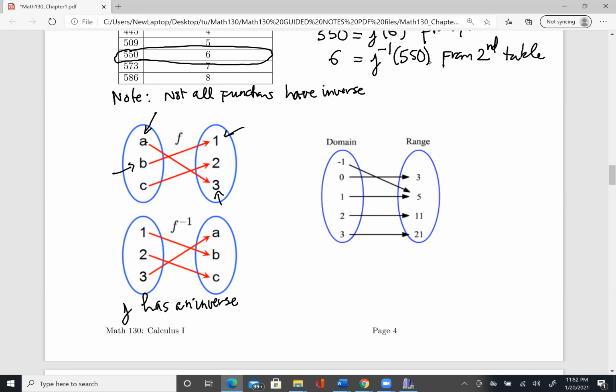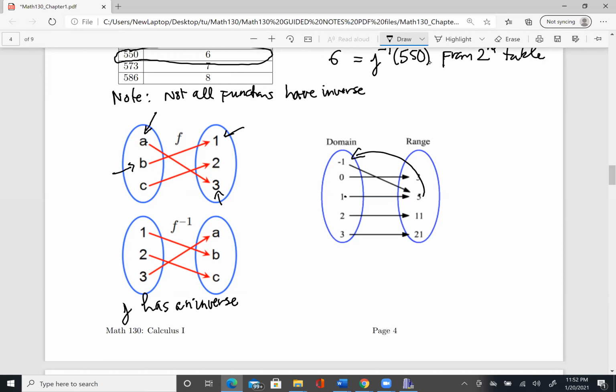We have 5. If you want to have 5, you return to 1, or it could be return to -1.